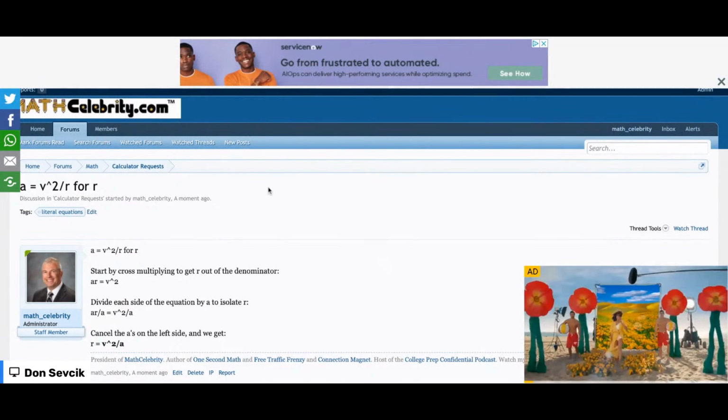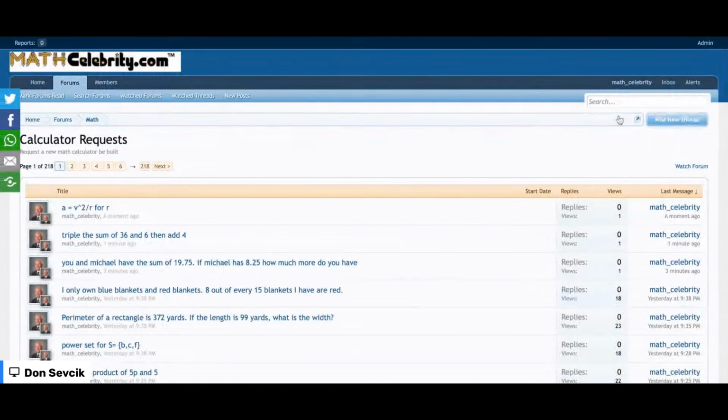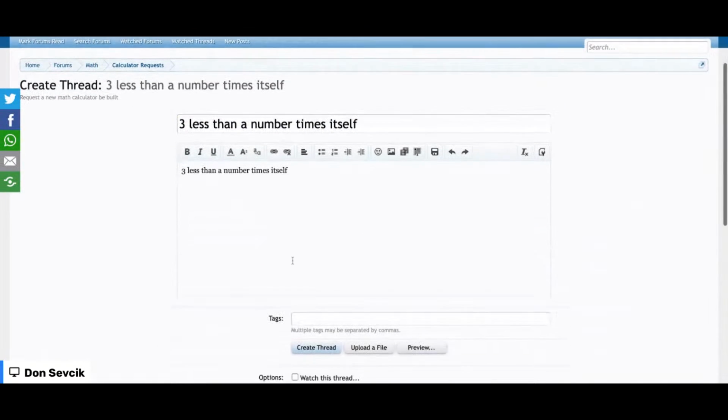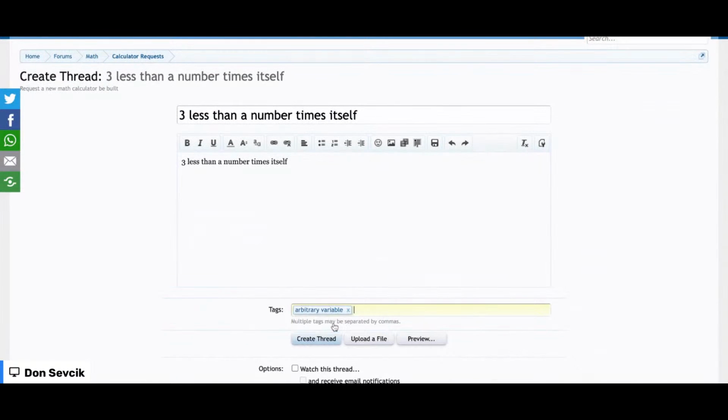3 less than a number times itself. Right. So let's start. The phrase a number means an arbitrary variable. Let's call it x. Okay. So then it says a number times itself. We've got x.